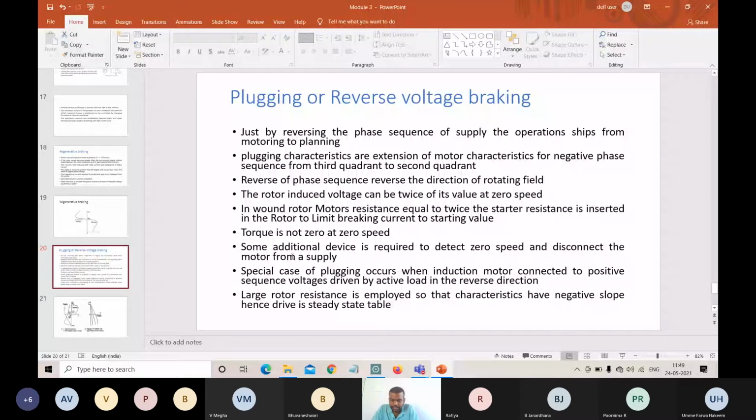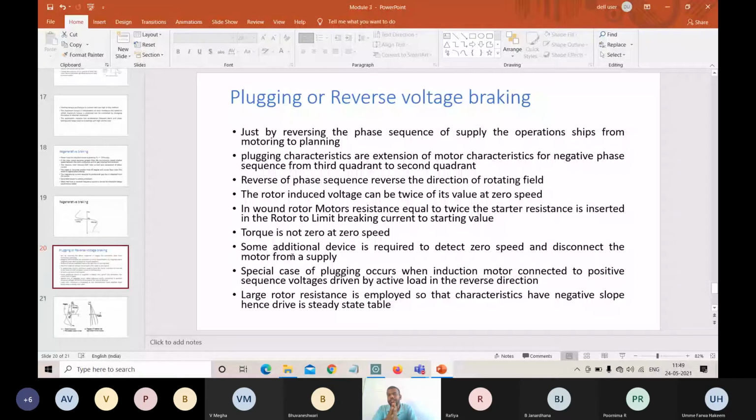So because of this steady state stable condition, the slip that we are going to consider here will have an external characteristic, that is 2 minus s.